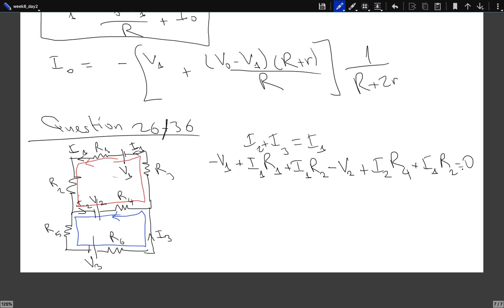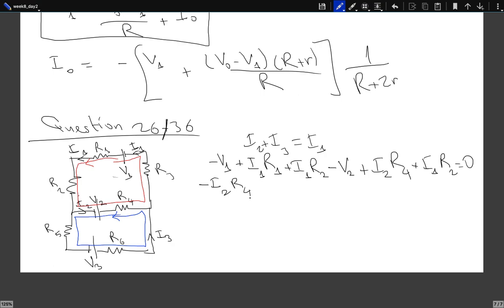Now we can write the third equation as we go around this blue loop. Let's start from this point. From this point to this point, what is the potential drop? The current is I2, resistance is R4. I'm running in the opposite sense of the positive current, so there is a minus I2 times R4. From this point to this point, the current is I3, resistance is R5.